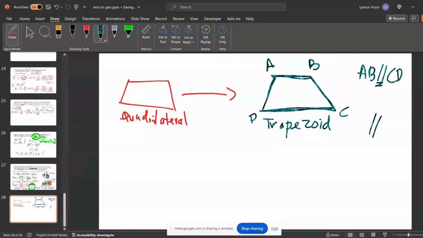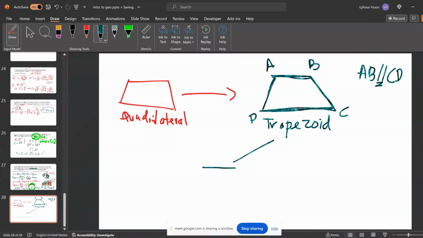I will draw it like this. Okay, so this is a trapezoid. And inside of a trapezoid, we have two types of trapezoids.